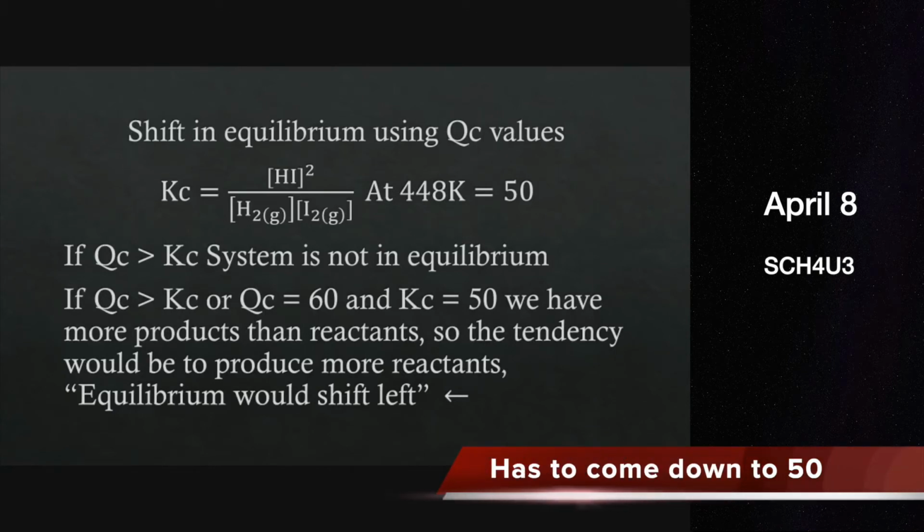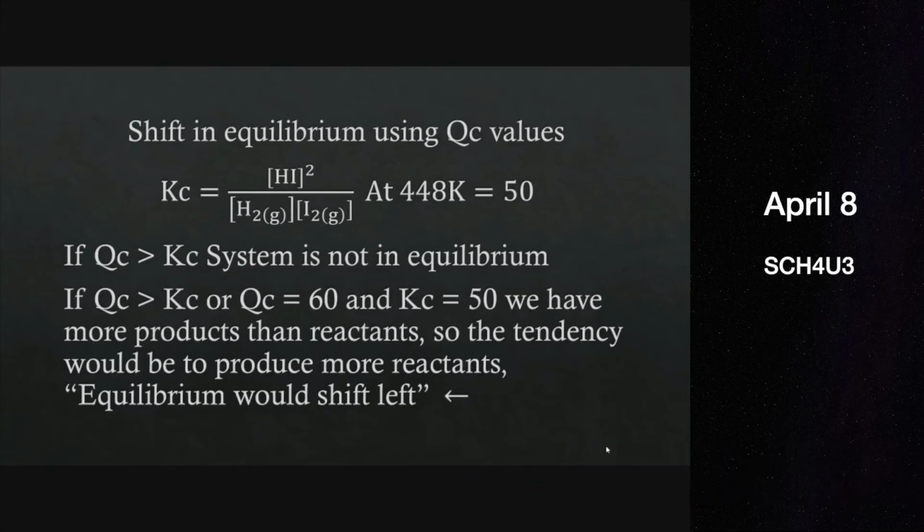Then more of the products would start changing to reactants. Therefore, the numerator becomes smaller in time, and the value of the denominator becomes larger, which means we get more reactants. Therefore, when that happens, we would say the equilibrium would shift left if the concentration quotient is greater than the equilibrium constant.